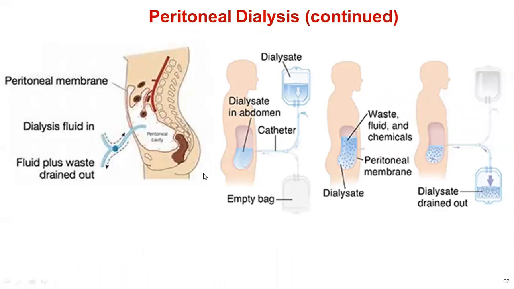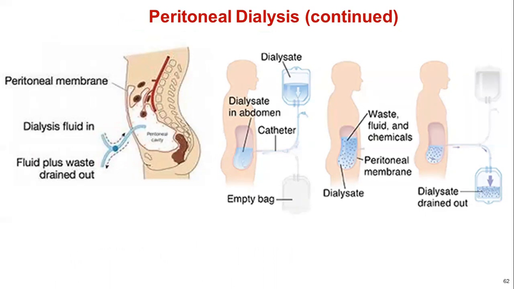So in the picture you can see the peritoneal cavity. The peritoneal cavity is covered by the peritoneal membrane. The peritoneal membrane is full of capillaries where the arterial and venous blood is exchanging.